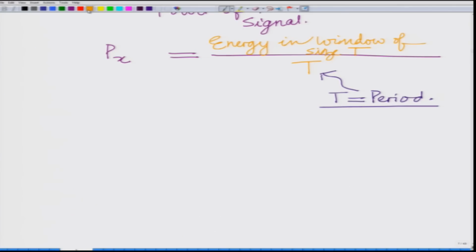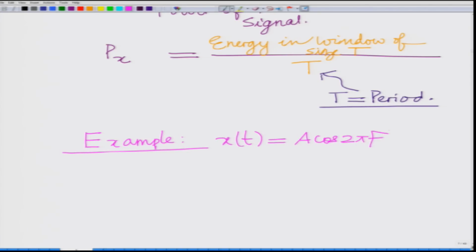Okay. So, let us take again a simple example. Let us again go back to our standard periodic signal, that is the sinusoid example. Again x(t) equals A cosine 2 pi f t.